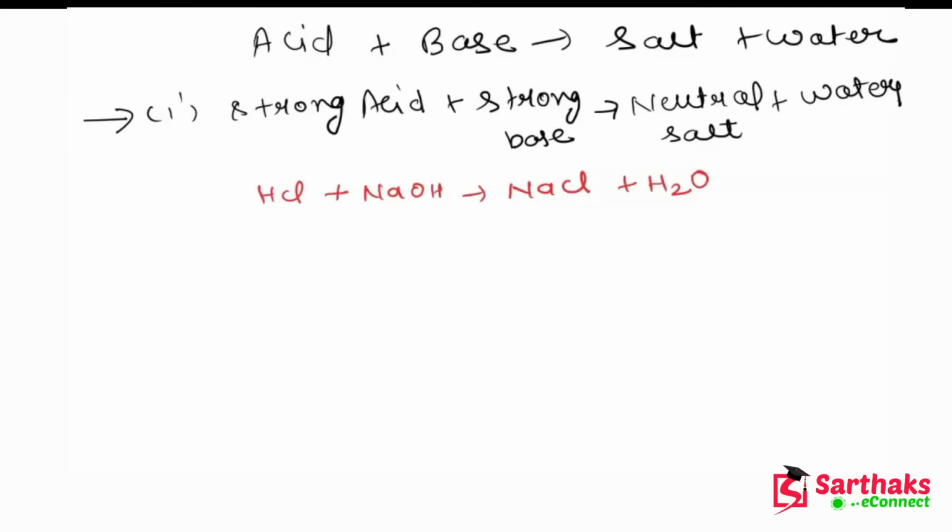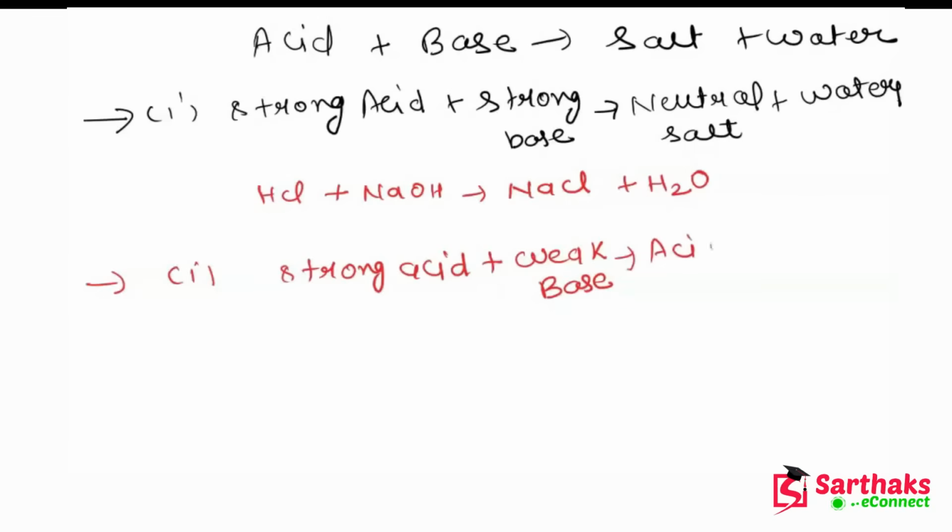Okay, but guys, if strong acid reacts with weak base, in this case the salt which will be formed will be acidic salt, and water will also be formed in this reaction.